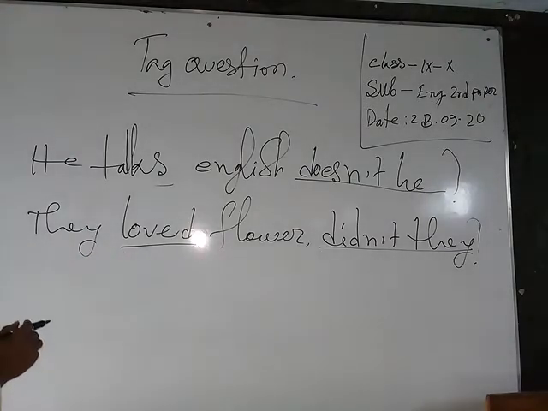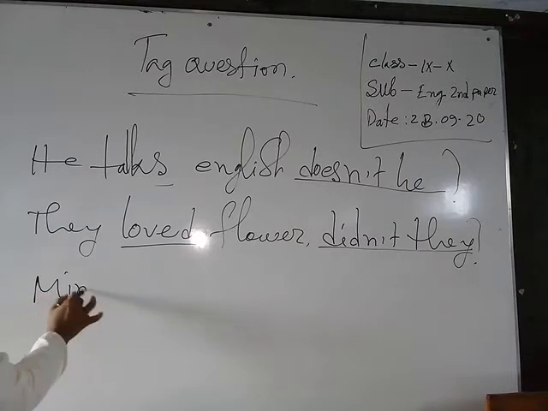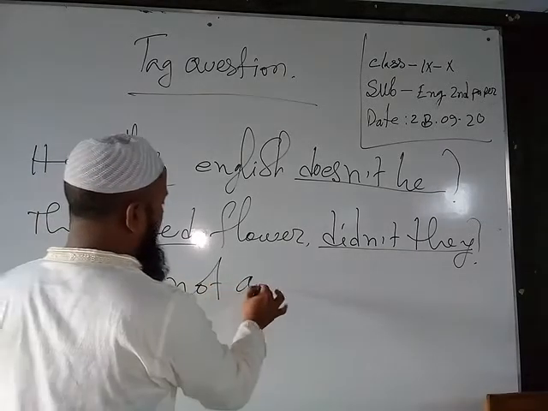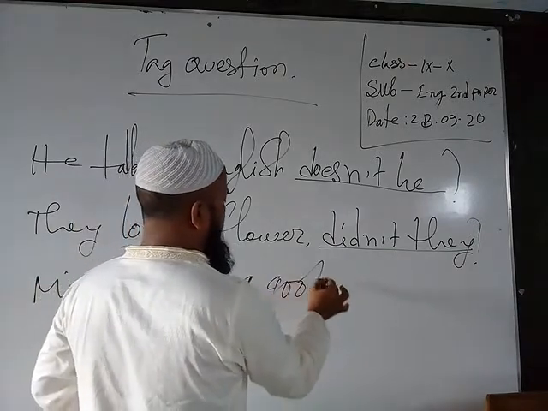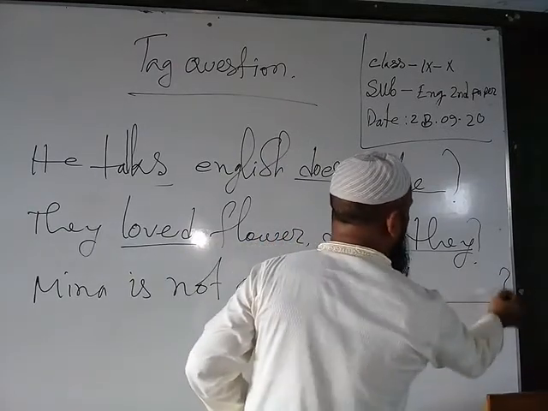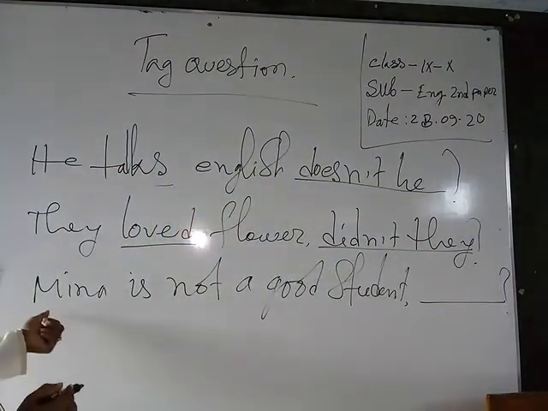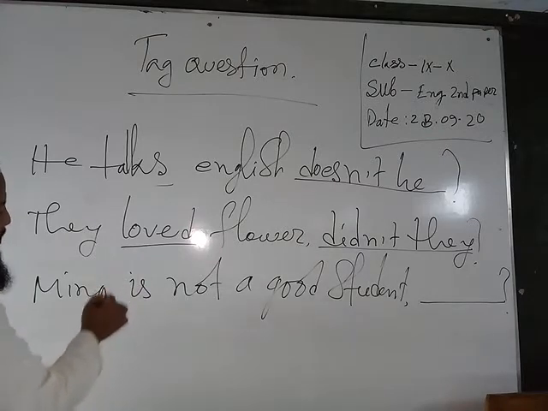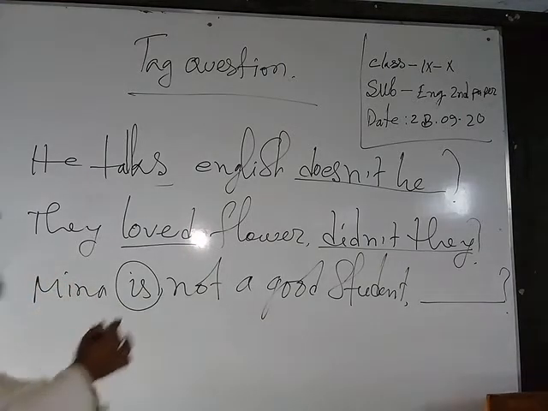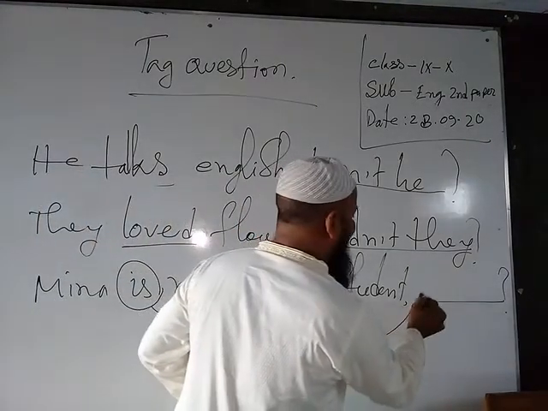Dear students, now I write a negative sentence. Meena is not a good student. Here, in this sentence the verb is is, so if a sentence has an auxiliary verb, we use it directly.